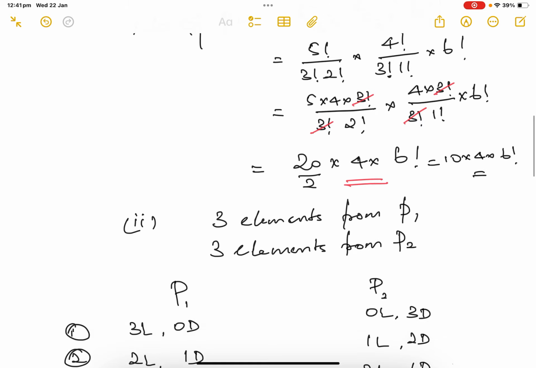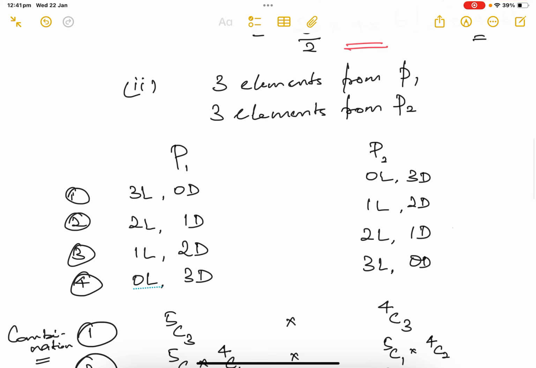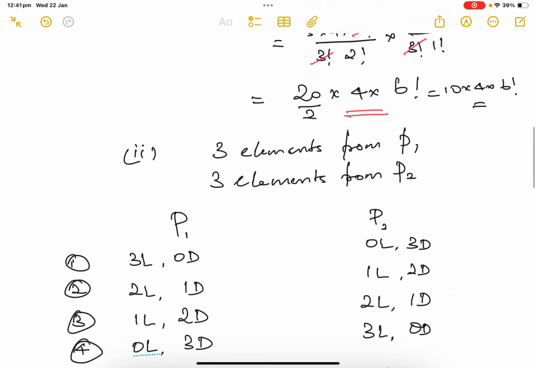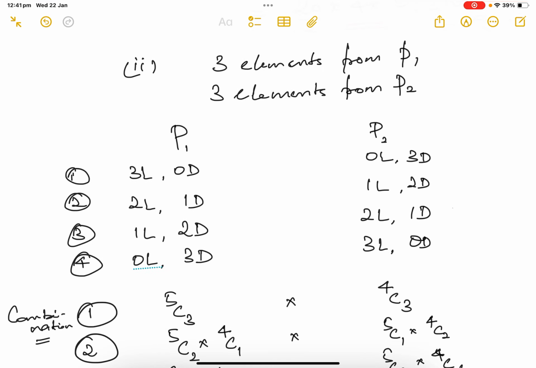So we can make a number of ways to pick 3 elements from P1 and 3 elements from P2. First, say we pick all 3 letters from P1. That's a possibility.